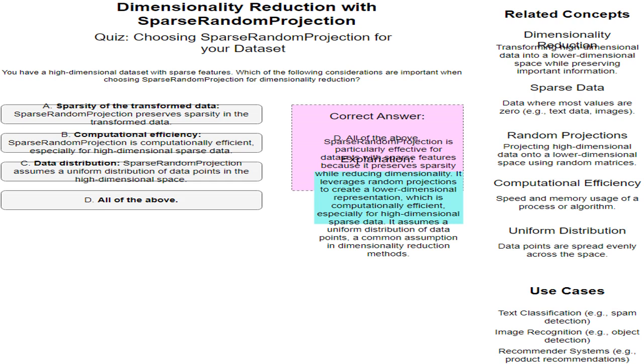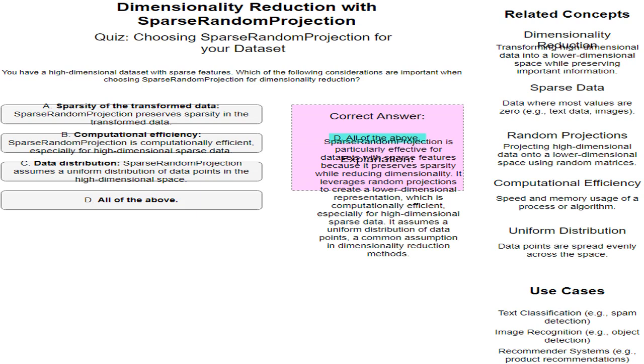It assumes a uniform distribution of data points, a common assumption in dimensionality reduction methods. All of the above. Dimensionality reduction is the process of transforming high-dimensional data into a lower-dimensional space while preserving important information. It's often used to reduce computational cost, improve model performance, and make data visualization easier.